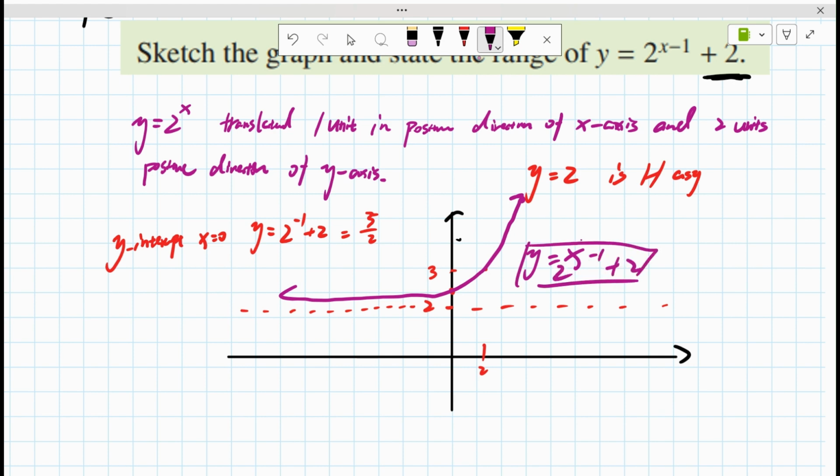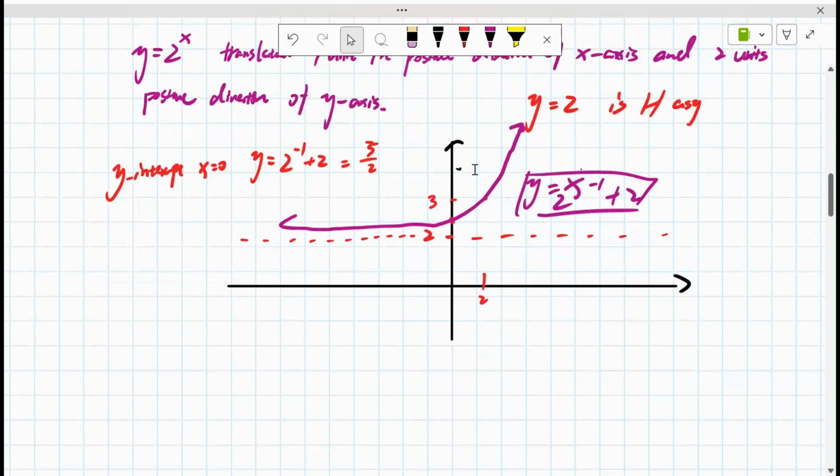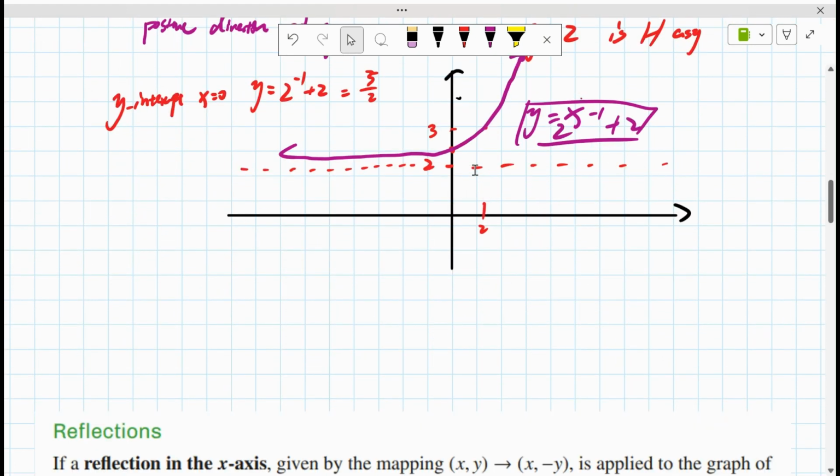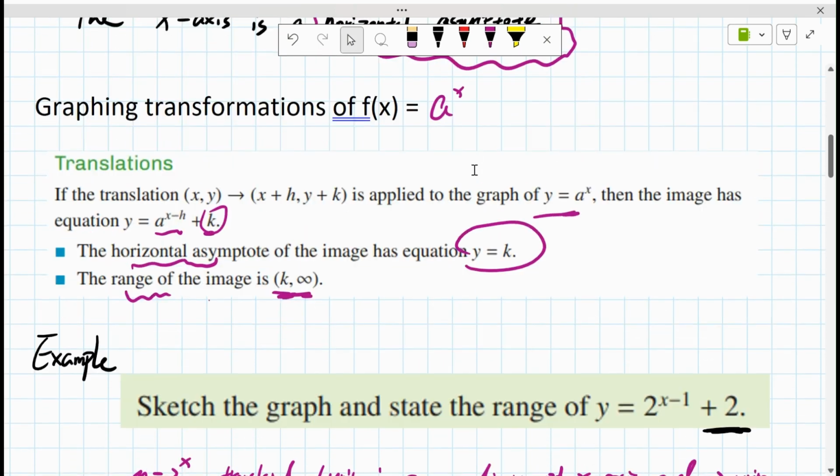Perfect. Make sure you have 2 or 3 points. And we're also going to figure out the range. The range is from 2 to positive infinity. That's your k to infinity.